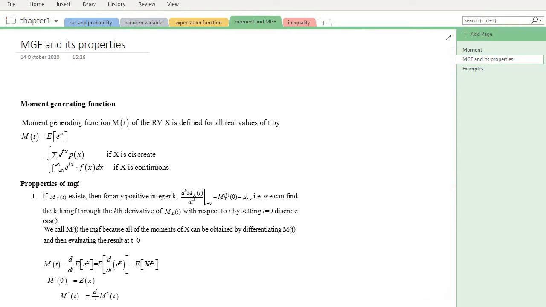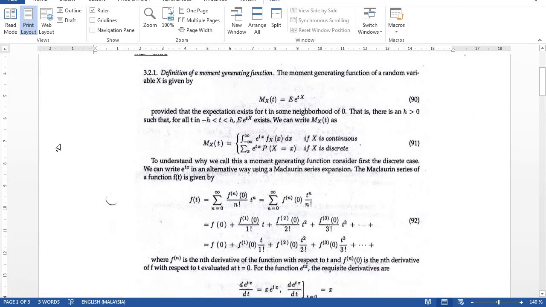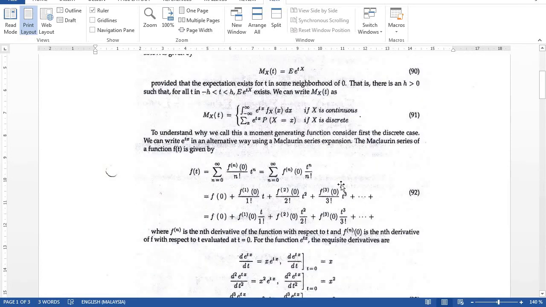So we move to another file. This is the standard formula as mentioned in the file I just showed you. Here we are showing how to get to this formula.